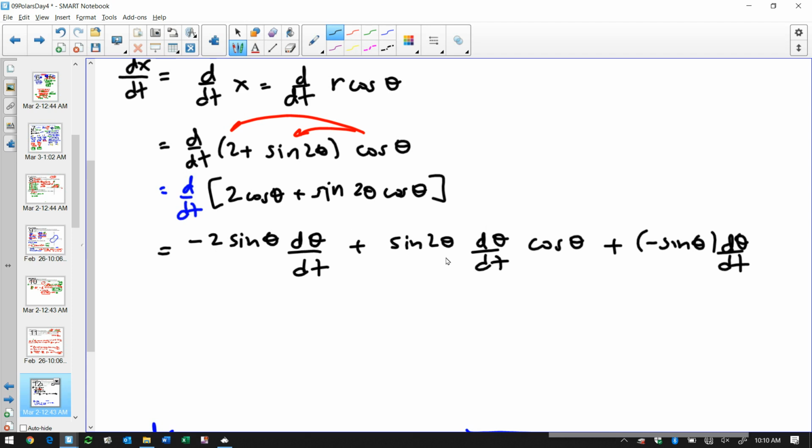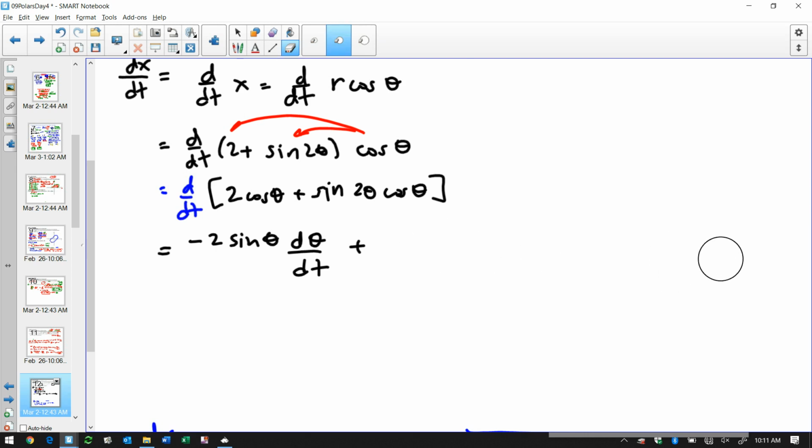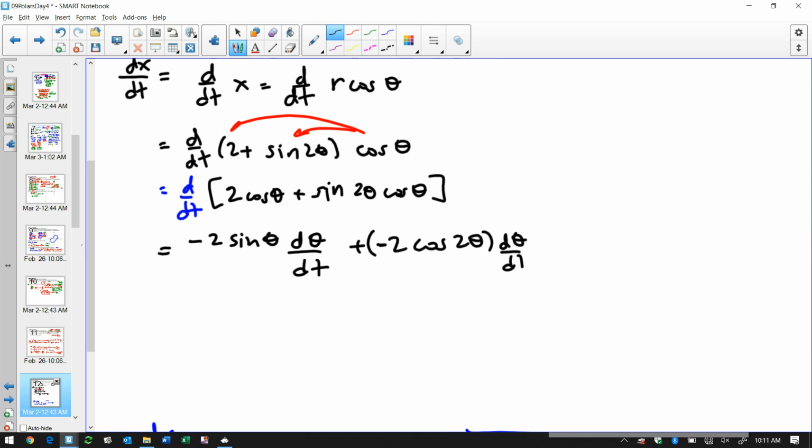Wait, did I do this right? Sorry, I'm going to start all over. Okay, derivative of the first, which is 2 cos 2θ, right? Oh, that's much better.